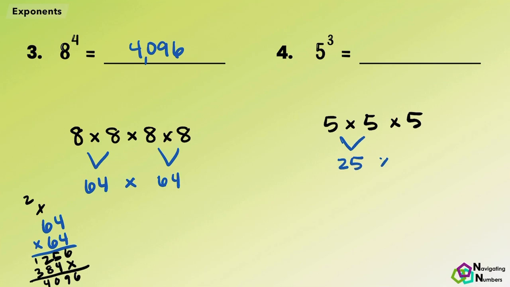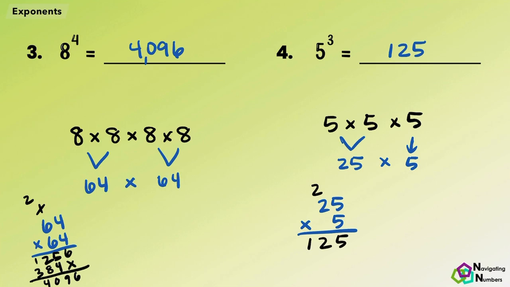So now we have 25 times 5. 5 times 5 is 25, carry the 2. 5 times 2 is 10, plus 2 is 12. So we have 5 to the power of 3, or 5 times 5 times 5 is equal to 125.